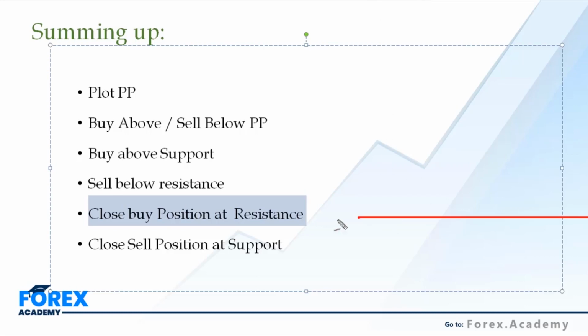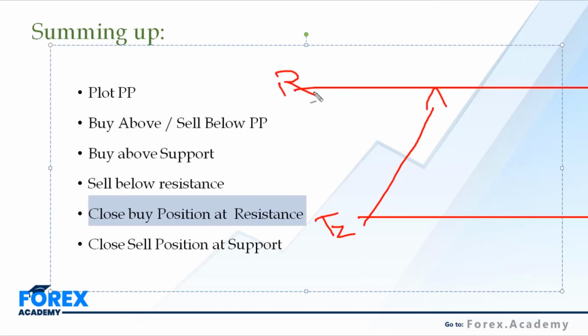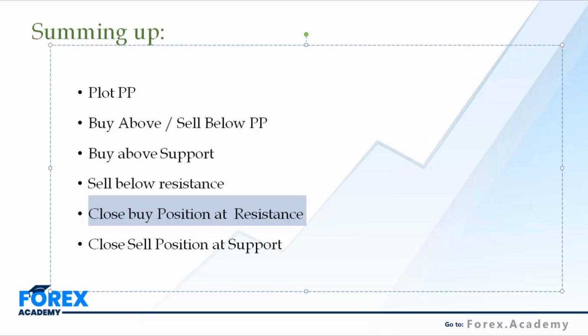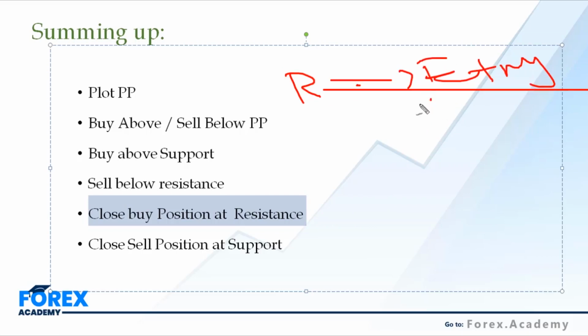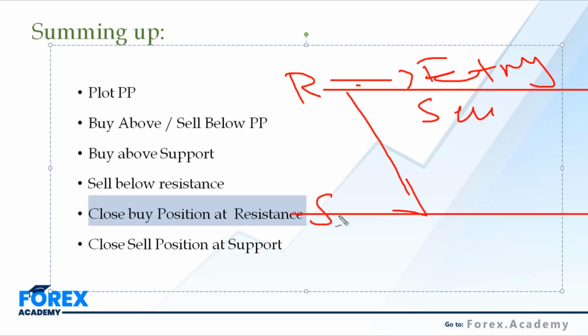So let's say this is your entry price, which was the resistance, and you are in a sell position. You are supposed to close your sell position as soon as the market tests the support level. So close your sell position at the support.